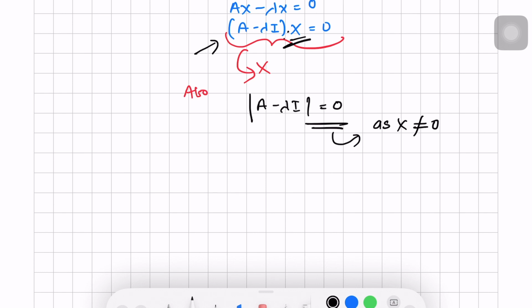That means |A minus lambda I| needs to be equal to 0. This equation, mod of A minus lambda I is equal to 0, is known as the characteristic equation. This is a very important equation, you need to remember this.